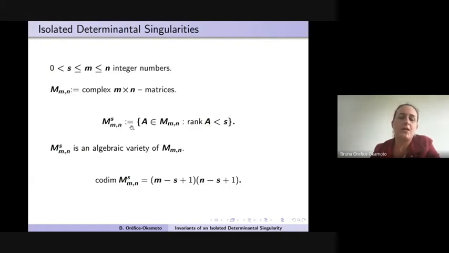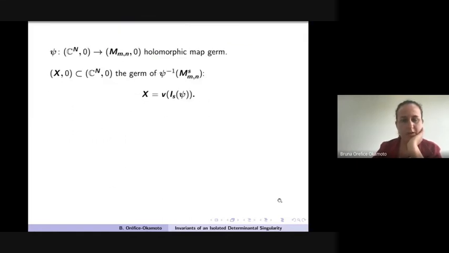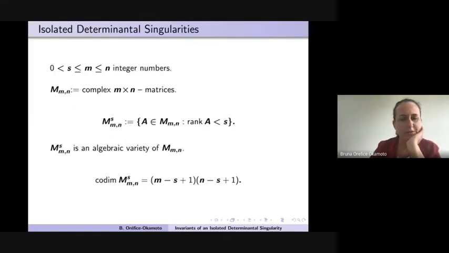Well, it's known that this set is an algebraic variety of the set of all the matrices with this codimension here. The codimension is equal to (m minus s plus 1) times (n minus s plus 1). It's called the generic determinantal variety.